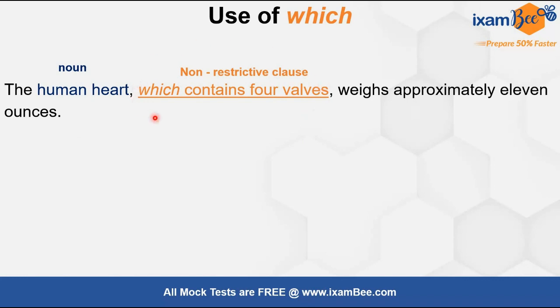Hence it can be removed easily, and hence which will be used along with this clause. So I hope you have been able to understand the usage of that and which. That is used when you cannot remove the clause, and which will be used when you can remove the clause easily.